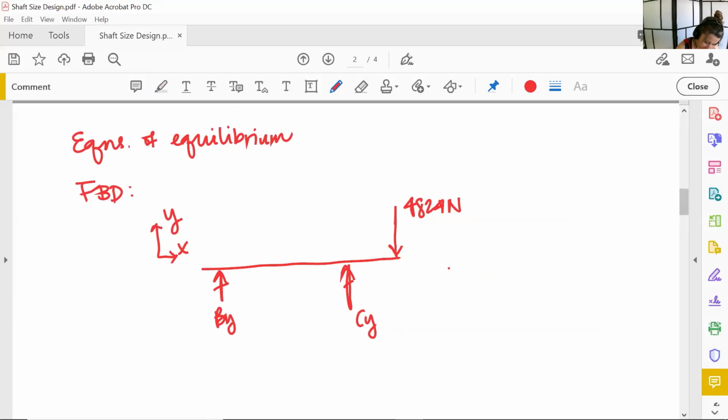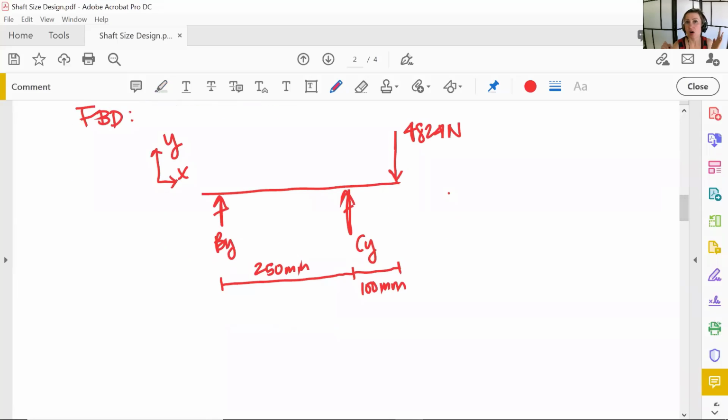4,824 newtons. The distance between bearing B and C is 250 millimeters, and the distance between bearing C and that applied force F is 100 millimeters. Okay, so if you feel really strong with your equations of equilibrium and free body diagrams, you can skip this part.